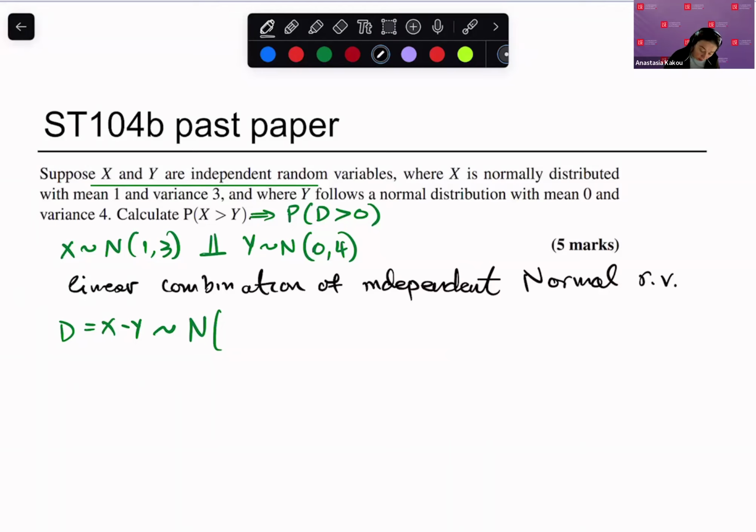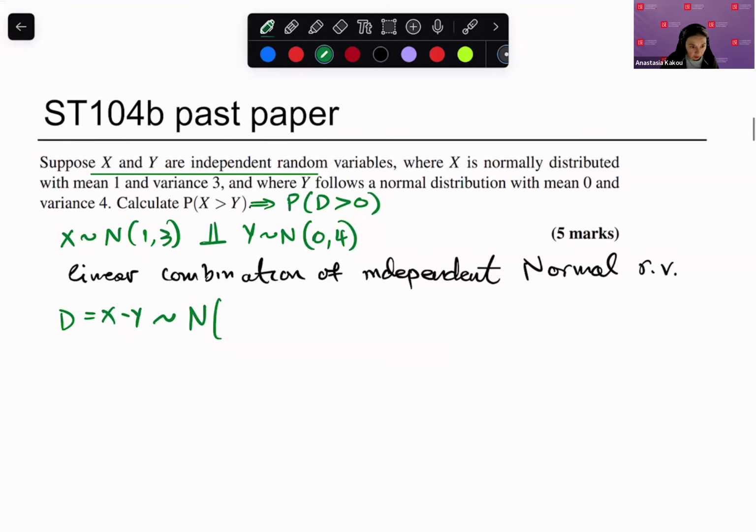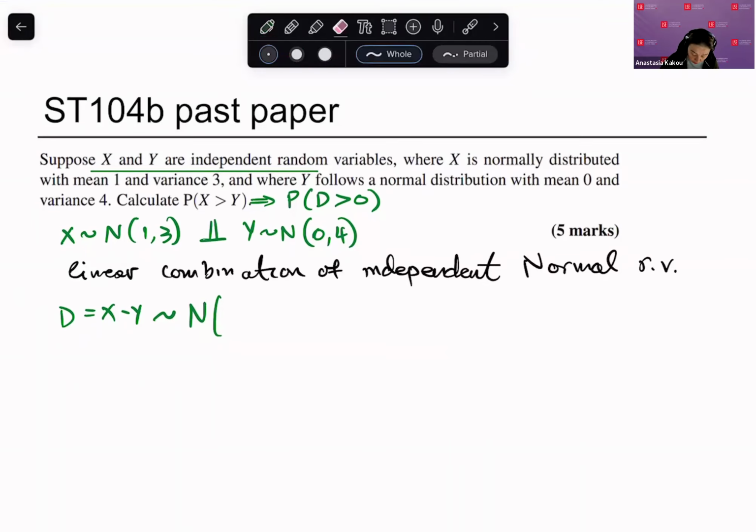Due to the independence, we subtract the means and we add the variances. So you would have 4 plus 3 equals 7.